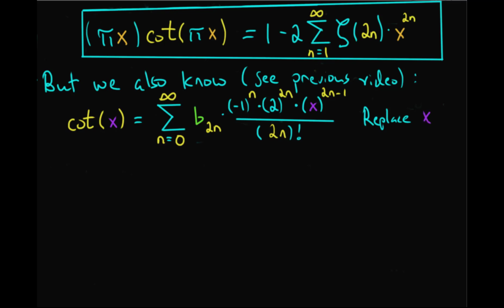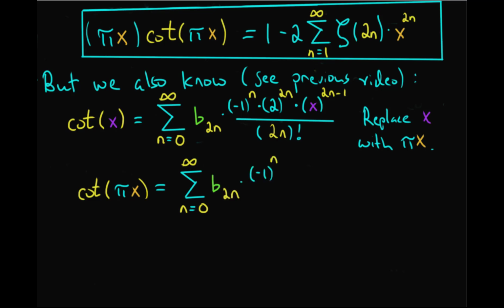So in this expression for cotangent of x, I'm going to begin by replacing x with pi times x. We'll then have cotangent of pi times x equals the sum from n equals 0 to infinity of b sub 2n times negative 1 to the n times 2 to the 2n times pi x raised to the 2n minus 1 all over 2n factorial.